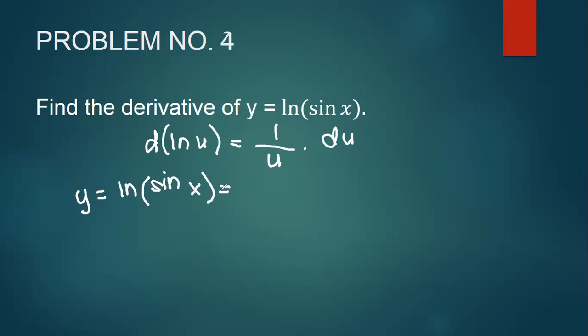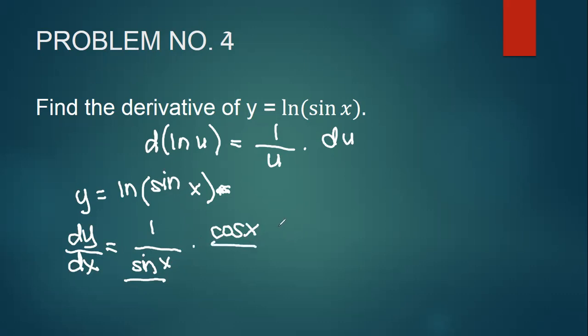So we get the derivative, dy over dx. That's 1 over sine of x multiplied by the derivative of sine, which is cosine, or that's equal to cosine x over sine x.